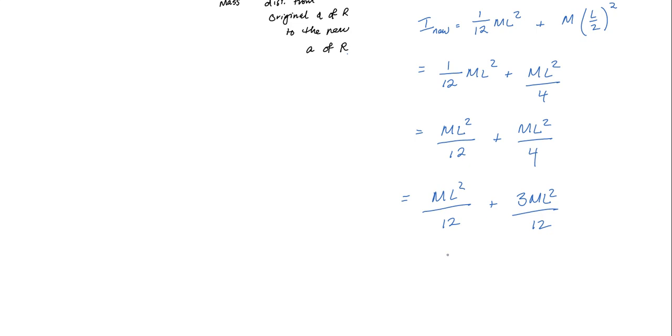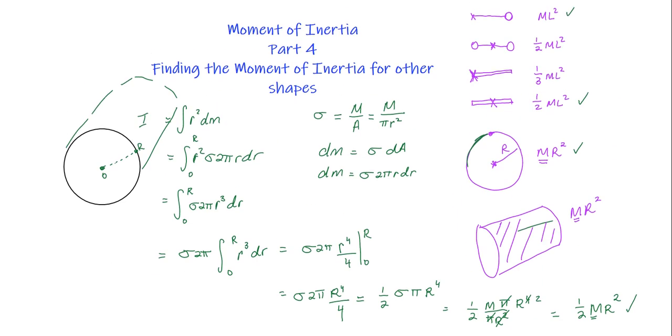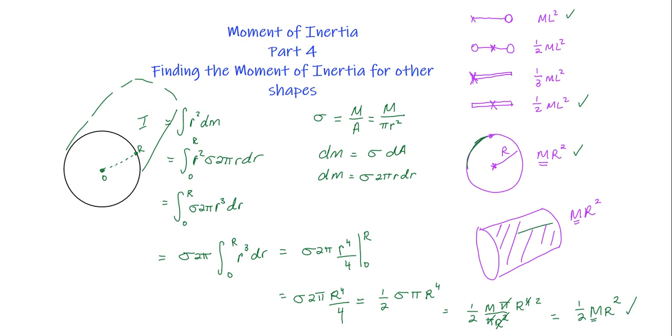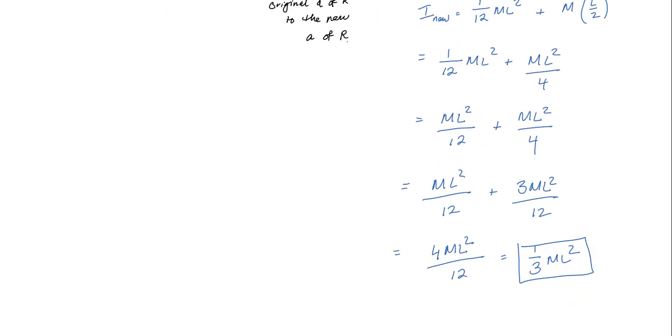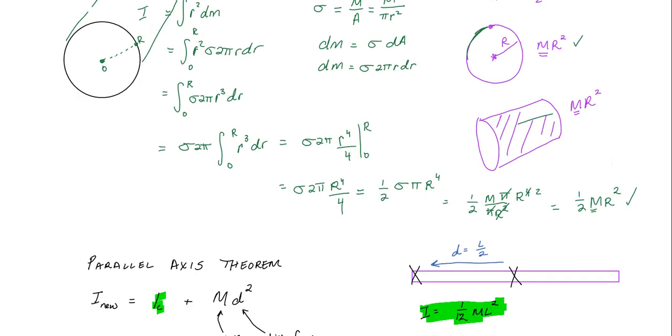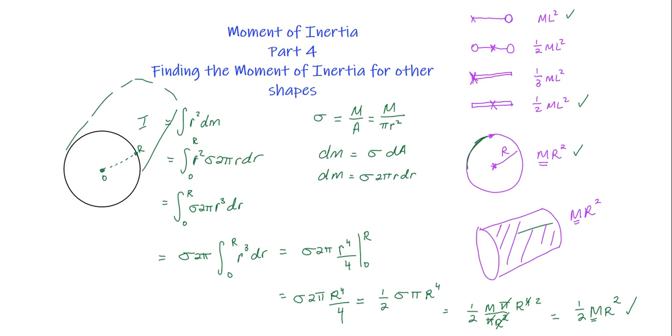And if I add those two together, I get 4 m L squared over 12, and 4 over 12 is 1/3, so 1/3 m L squared. Let's see if that was what we had originally. If I scroll back up here, I see, yep, it was 1/3 m L squared. So the parallel axis theorem allows me to make a quick adjustment without having to do all of the integration.